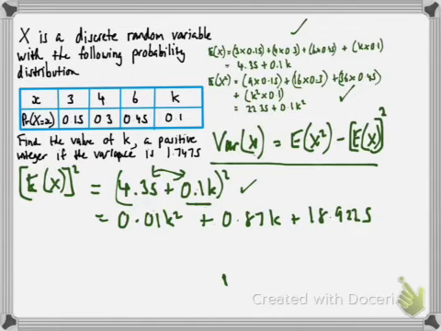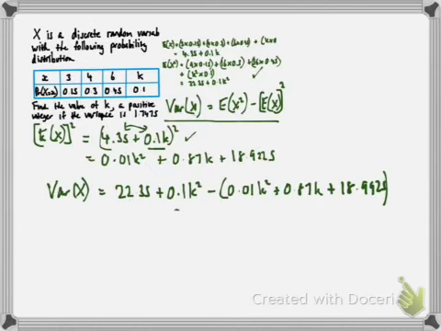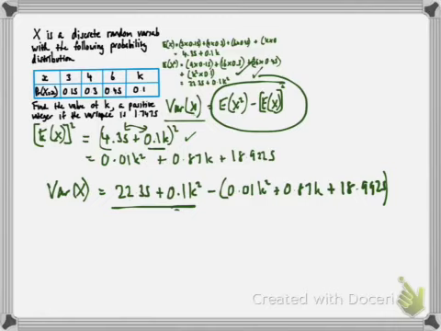Then what we need to do is apply the formula. So var x will equal E of x squared minus E of x all squared. E of x squared is that, back up here, and E of x all squared is going to be that there.